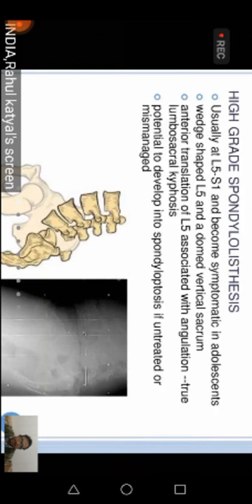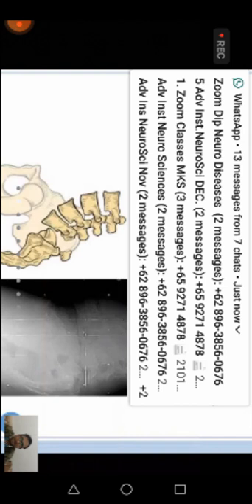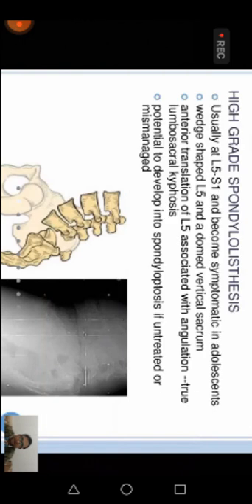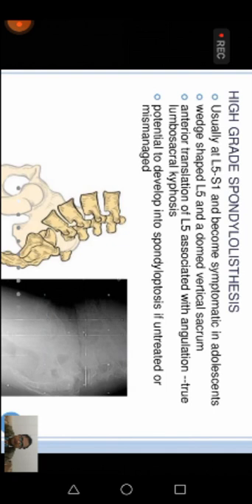It is more common with the change in the postures. Usually, whenever the patient complains of back pain and we advise them X-rays, we sometimes get these findings in the X-rays, specifically if we see it in adolescents. So this is more common.